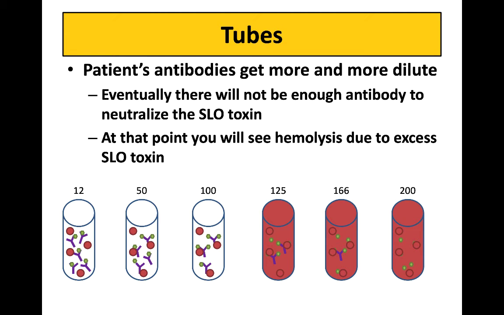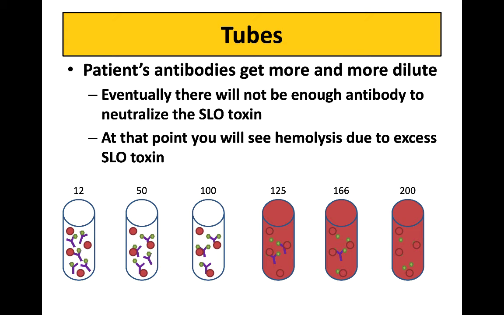So you can get a feel for how concentrated this patient's serum is. Obviously, if these tubes did not hemolyze all the way up to the 200 tube, that would mean, wow, we really started with some very concentrated patient serum, because even when I diluted it out 1/200th, it was still capable of neutralizing the SLO that was present.